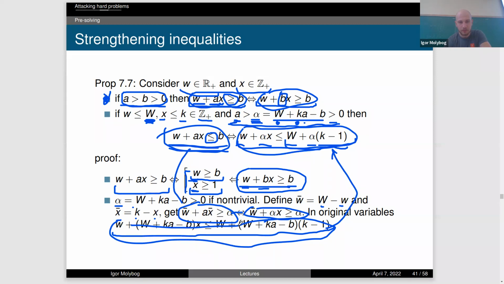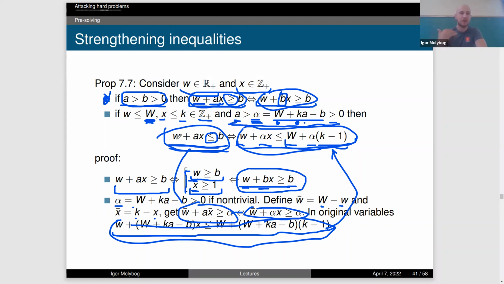Doesn't think that it's obvious. Problems. So this is something.